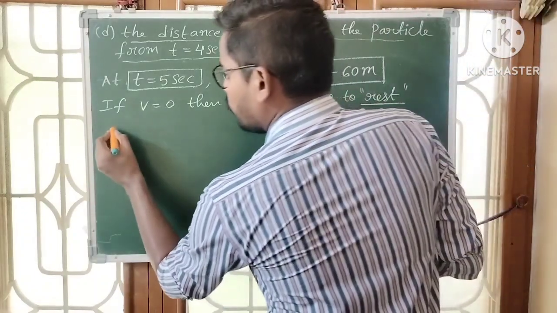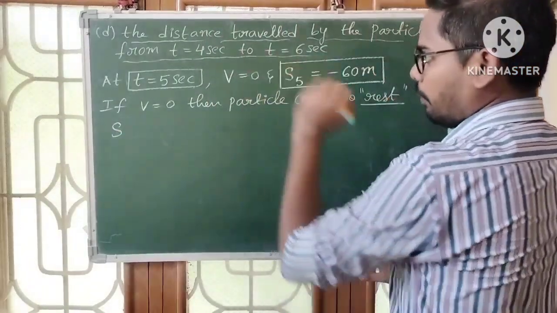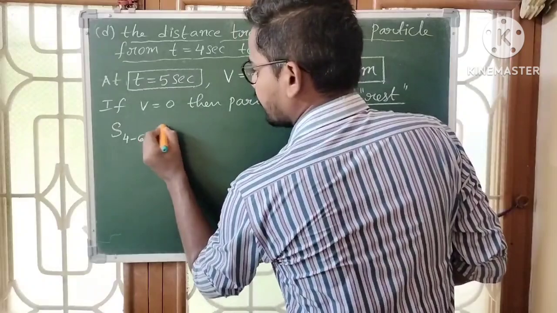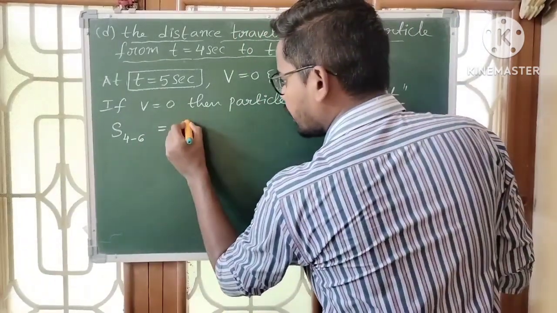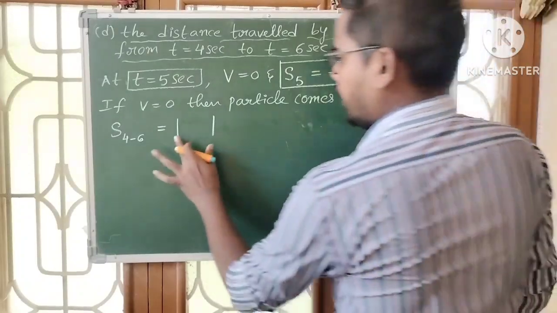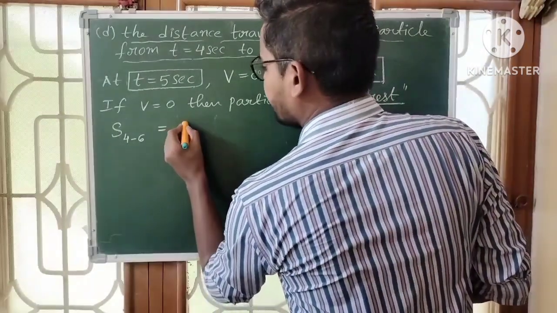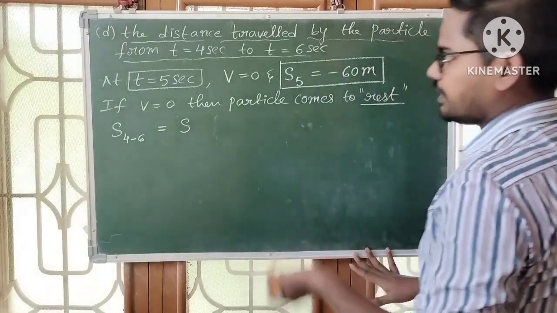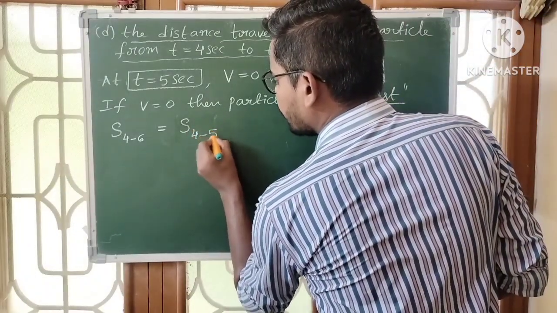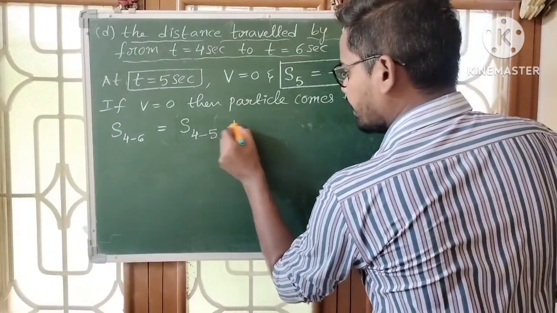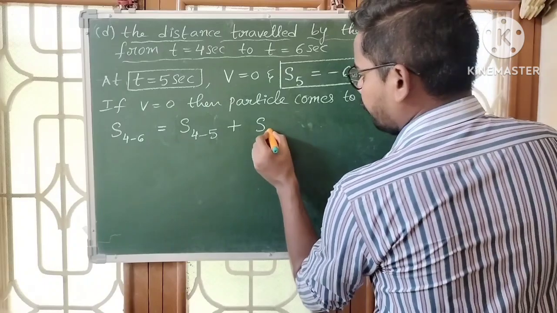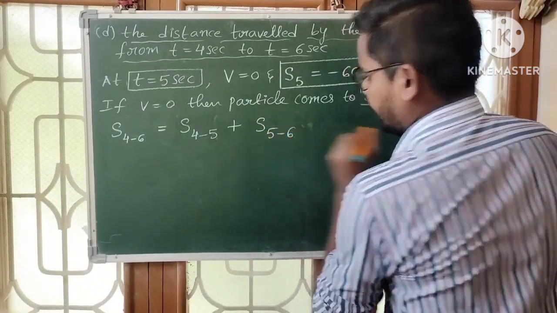Say, the total distance covered by the particle from 4 to 6 seconds is equal to the distance travelled by the particle from 4 seconds to 5 seconds plus the distance travelled by the particle from 5 seconds to 6 seconds.